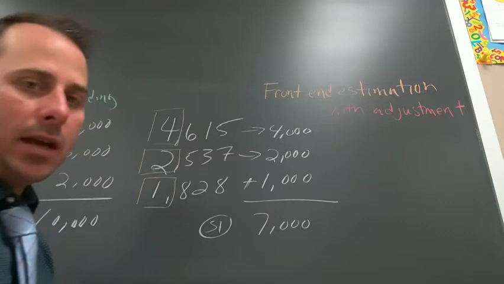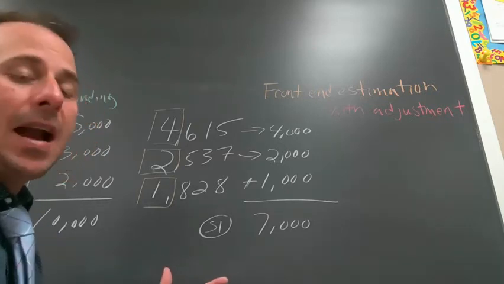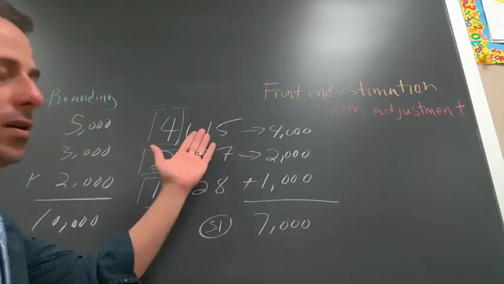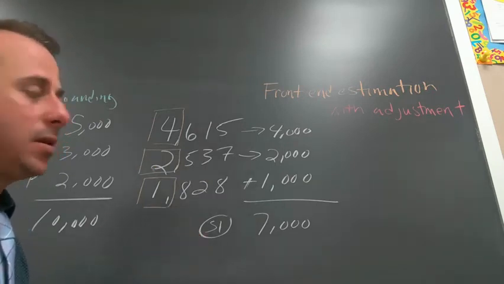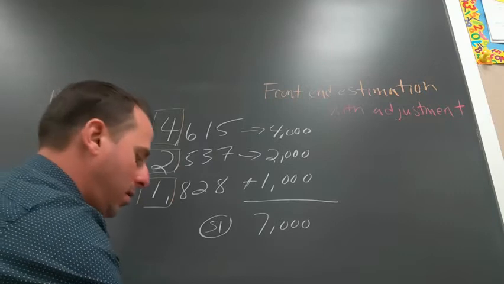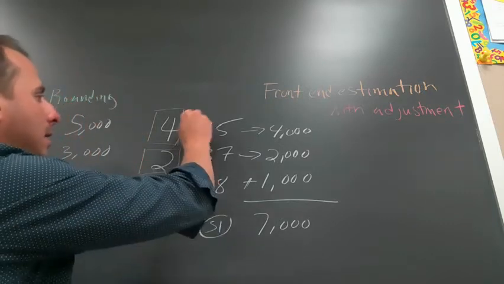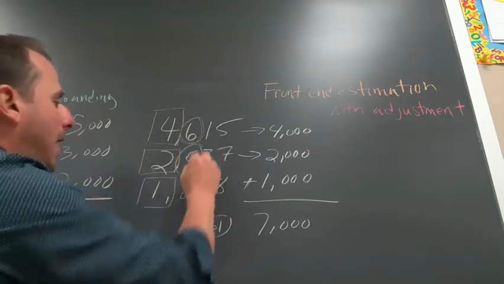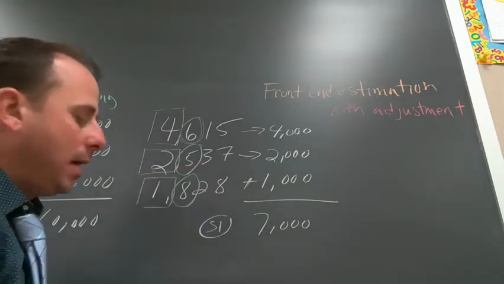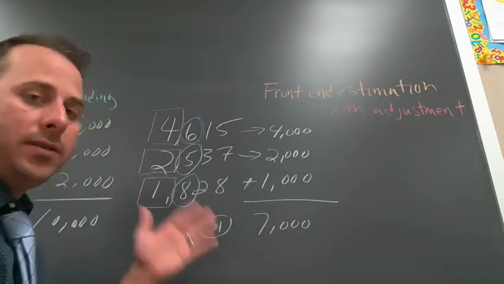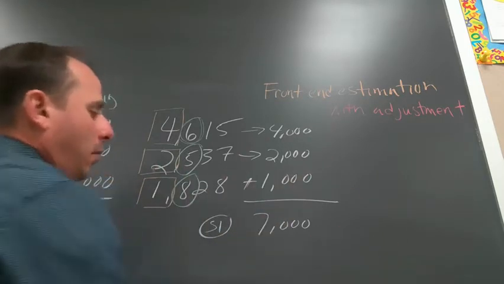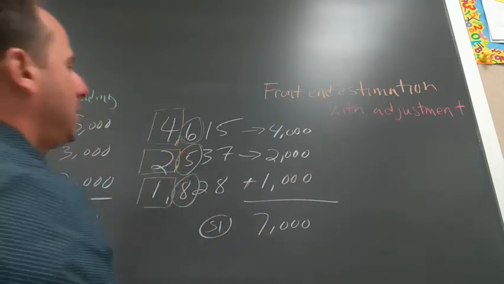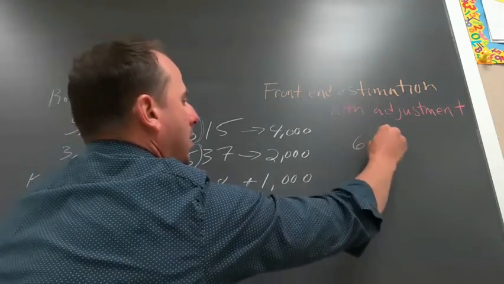Step two is going to be apply that same strategy to the numbers in the hundreds column in these same three numbers. So now let me just grab a new color. I'm looking at the 6, I'm looking at the 5, and I'm looking at the 8. And I'm going to use the same principle. Take that first number and put zeros behind it. We've got 7,000. This is going to become 600.